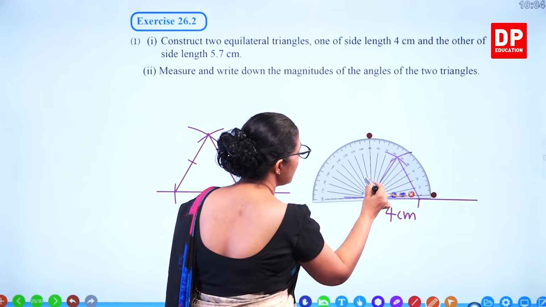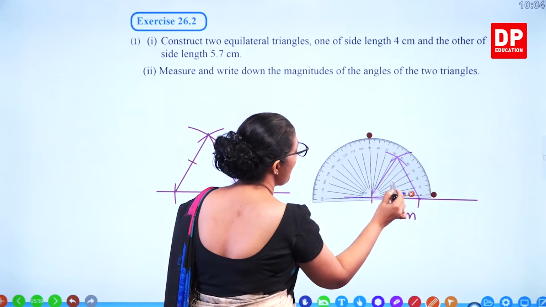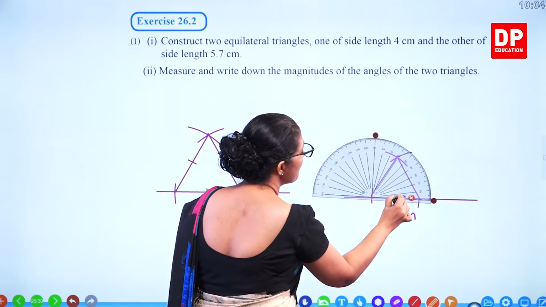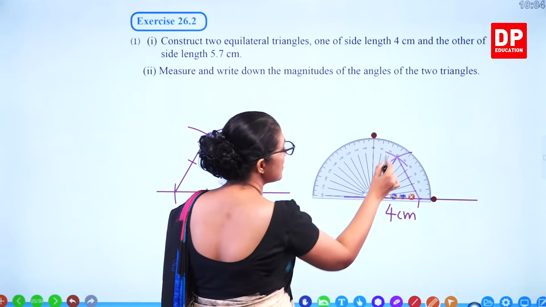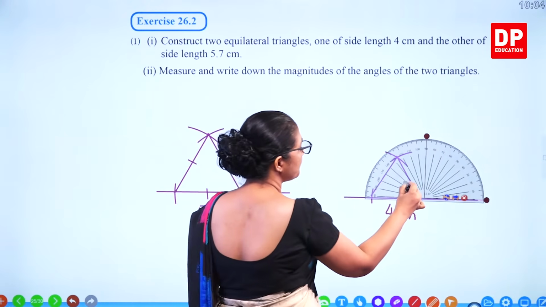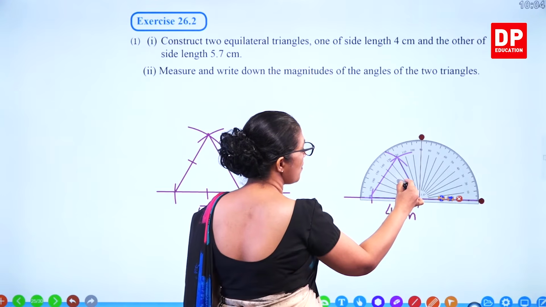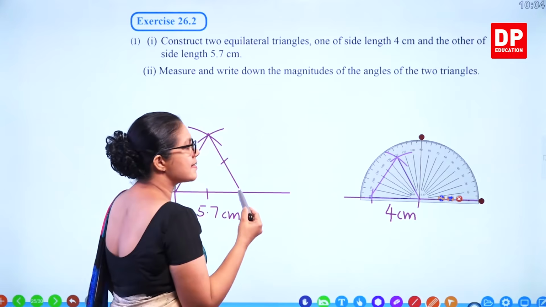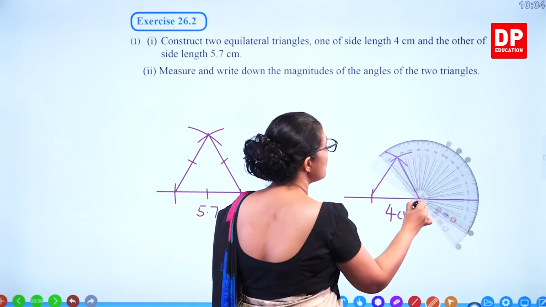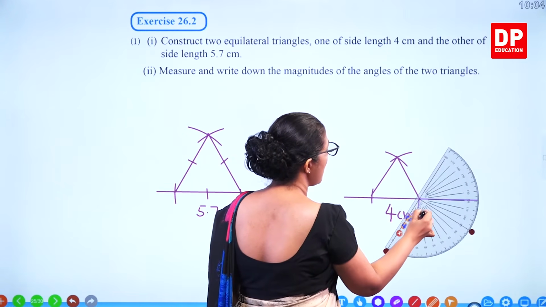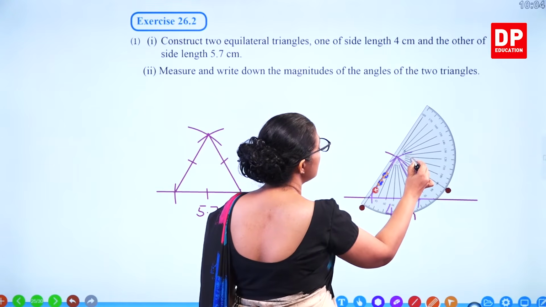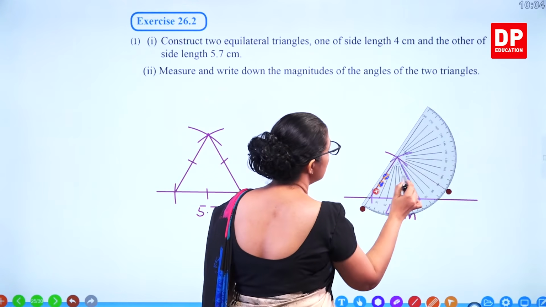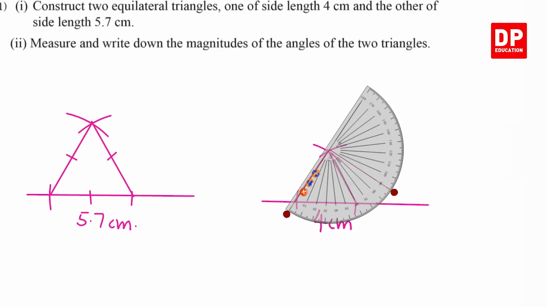So we'll take the other triangle and see. So measure the angle. So here 60 degrees, and keep on top of the other point and see this side 120 means that's 60 degrees, and when you rotate and find out the other angle here, that's also 60 degrees.